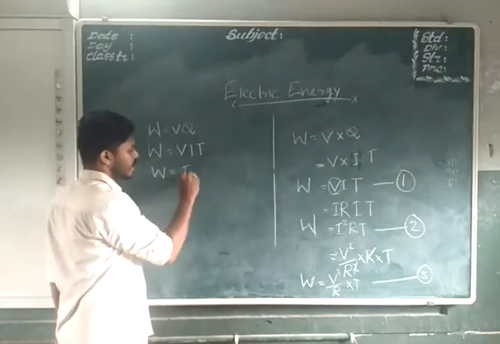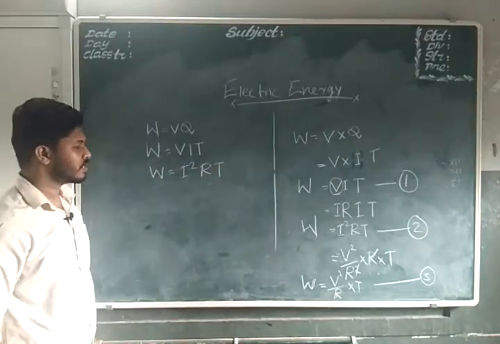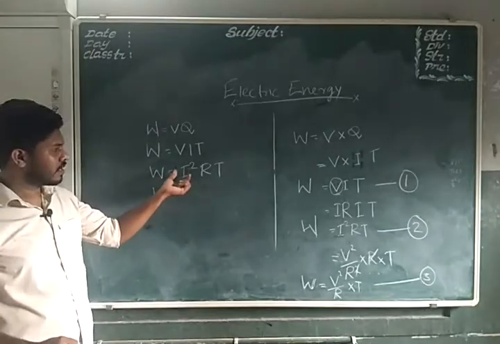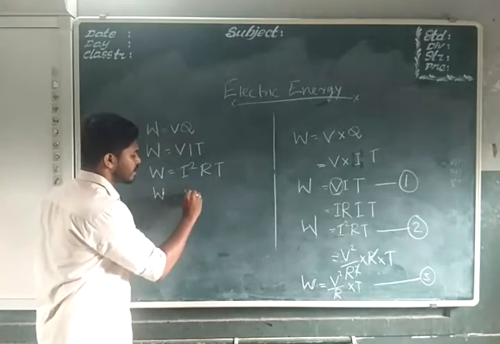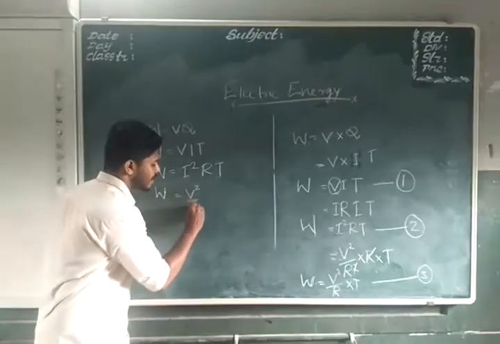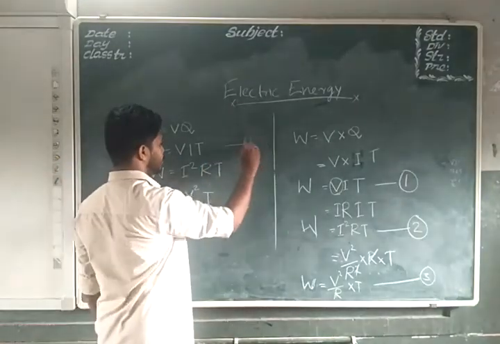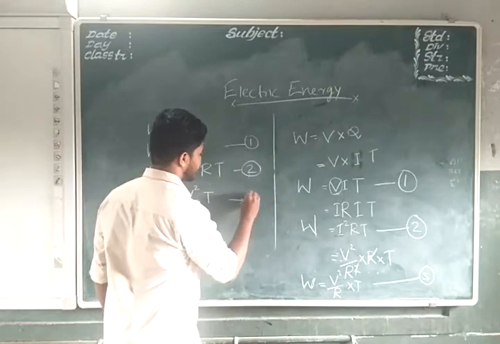Therefore it becomes I square RT. That is the second equation. And from the equation I equal to V by R, I square equal to V square by R square. Cancelling R, we get V square by R into T. 1, 2, 3.